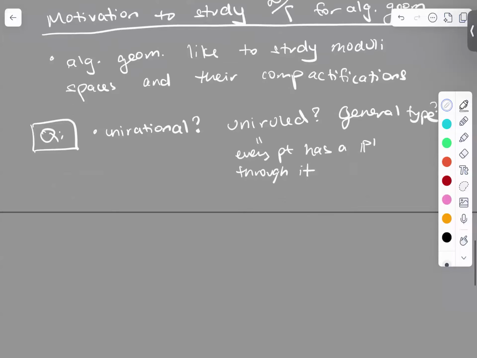The other way that algebraic geometers like to study and classify spaces is by studying their birational geometry, that is, what kinds of birational maps you can make from that variety to other varieties, and so studying the birational modifications of that given variety. In particular, for moduli spaces, you might be interested in studying their birational modifications.